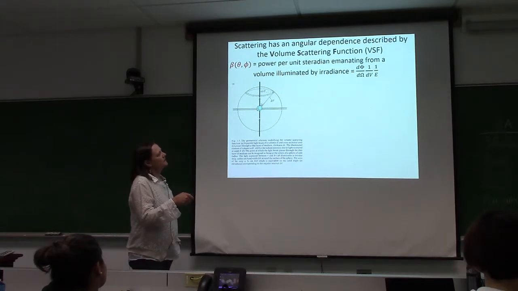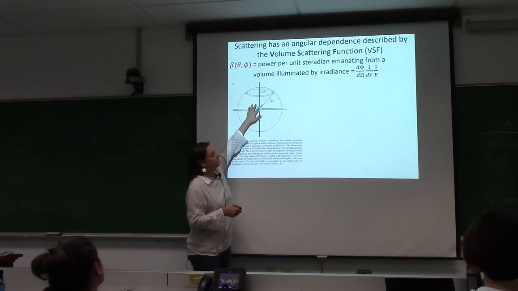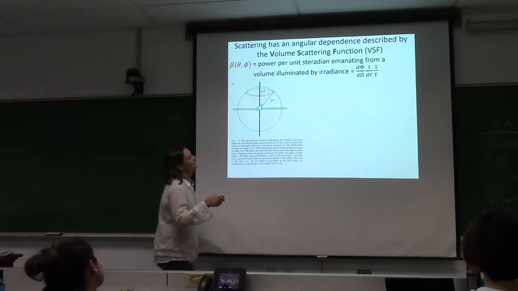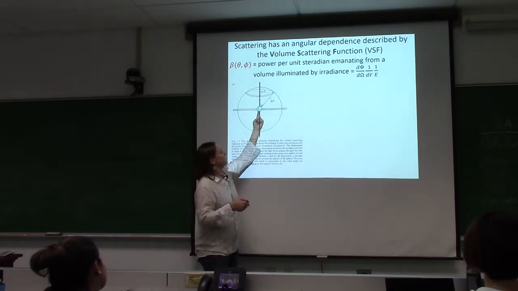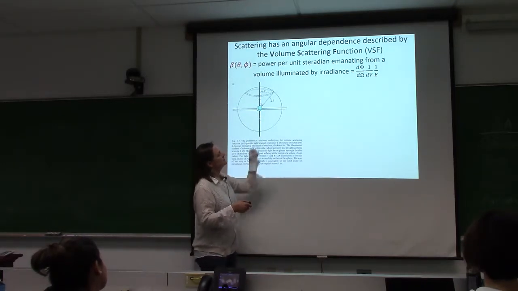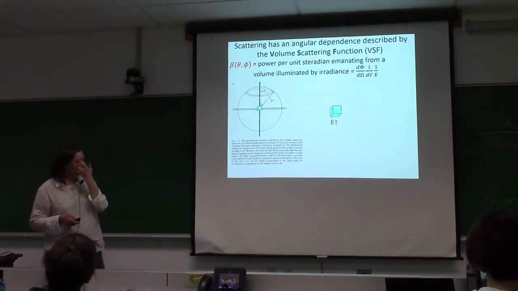And if you think about the terms that are coming from this, we have some power per unit solid angle that's emanating from some volume of water. And it has been illuminated by some irradiance that is coming from this direction, right? So if we break that term apart, I'm going to pull that volume out and make it bigger.